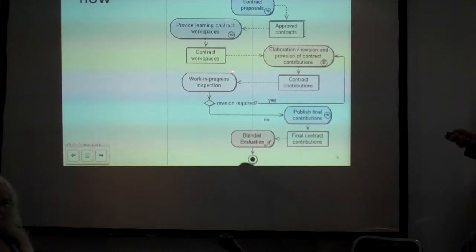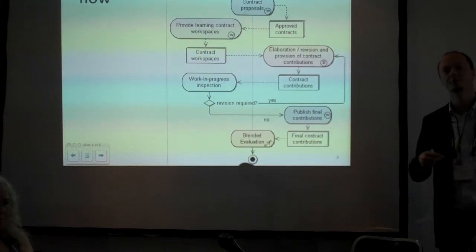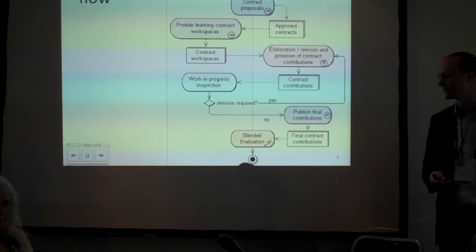There are probably work-in-progress inspections where they need to go back and redo some things, or if it's fine, they publish their contributions and share them with other students possibly, and do peer assessment and self-assessment.